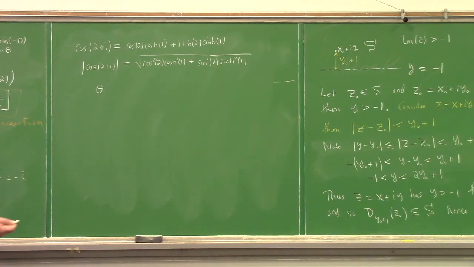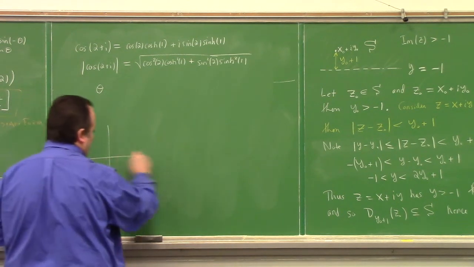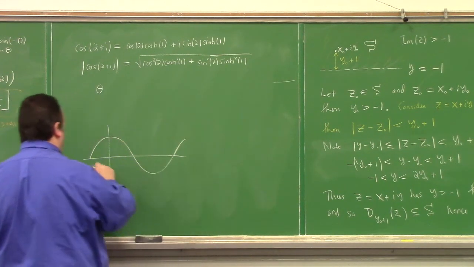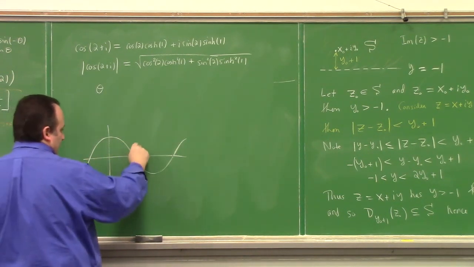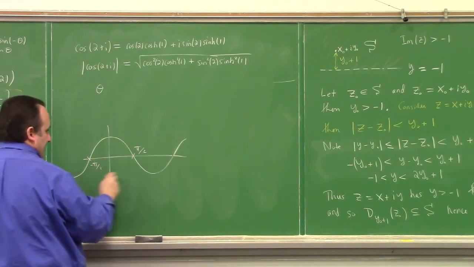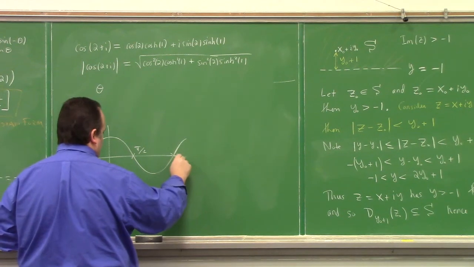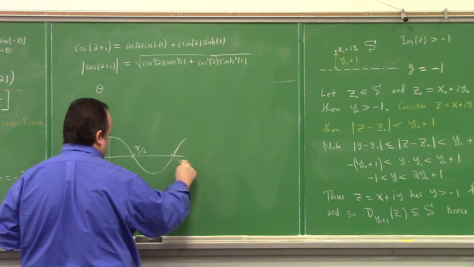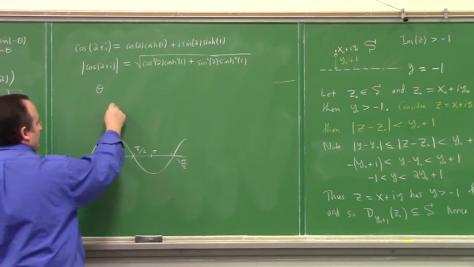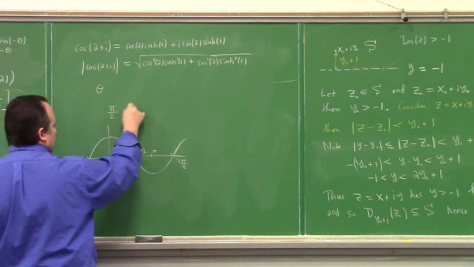You can add angles, 1 plus 1. Pi over 2, this is pi over 2, right? Yeah. Minus pi over 2. 3 pi over 2, yeah. Pi over 2 is approximately 1.57.